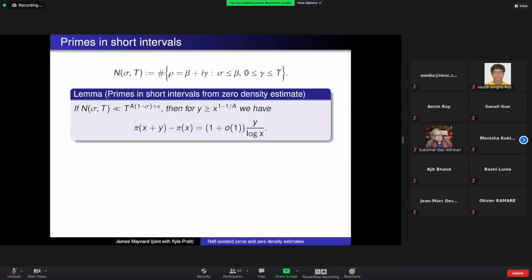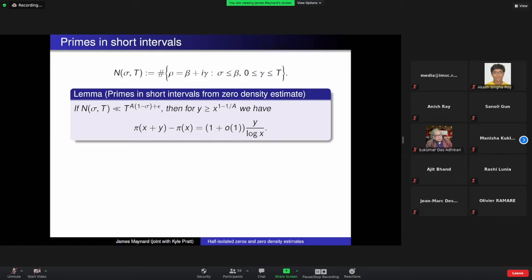This is all very well known, but if, as a black box, you gave me a bound of the form N(sigma, T) is bounded above by T to some constant A times (1 minus sigma), then for the asymptotic for primes in short intervals, I get this whenever y is bigger than x to the power 1 minus 1 over A.